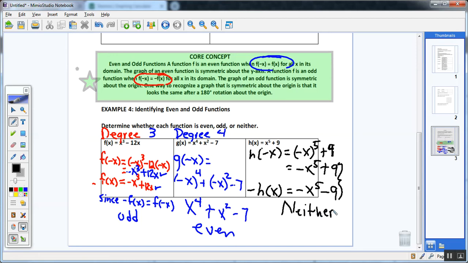It's neither, okay? And again, if I had to look at this graphically, read the core concept. If I look at this graphically, an odd function would have to be symmetric about what? About the origin, meaning it probably has to pass through the origin. Okay, let's just look at this. x to the 5th plus 9, is that right, guys?